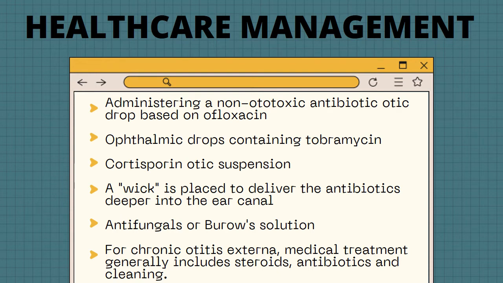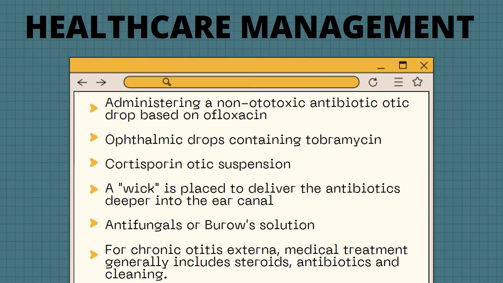Local pain medications may also be used. Resistant bacteria or fungi can develop refractory otitis externa, and in this case, antifungals or Burow's solution are commonly employed. Burow's solution is occasionally injected directly into the middle ear. Because of the predominance of uncommon organisms, those who are immunocompromised or have diabetes are typically treated more aggressively with a mix of antibiotic drops and systemic antibiotics.